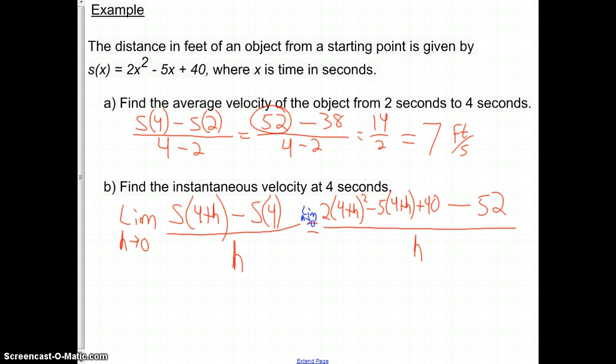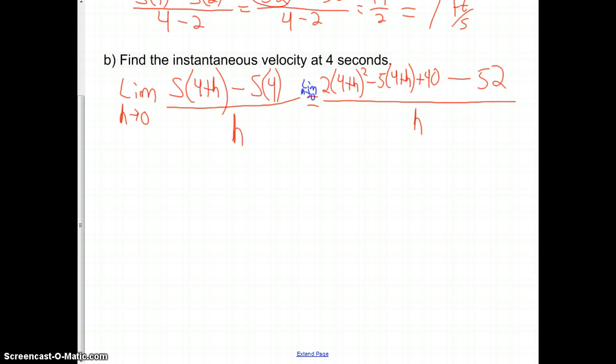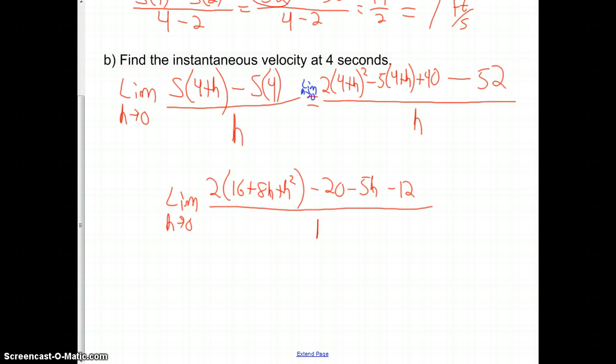All right, so we need to clean some of this up. Let me move the page up here. So, order of operations. Let me write the limit again, as h approaches 0. 4 plus h, quantity squared, is going to be 16 plus 8h plus h squared, minus 20 minus 5h. We got a plus 40 minus 52, so that becomes a minus 12, all over h.